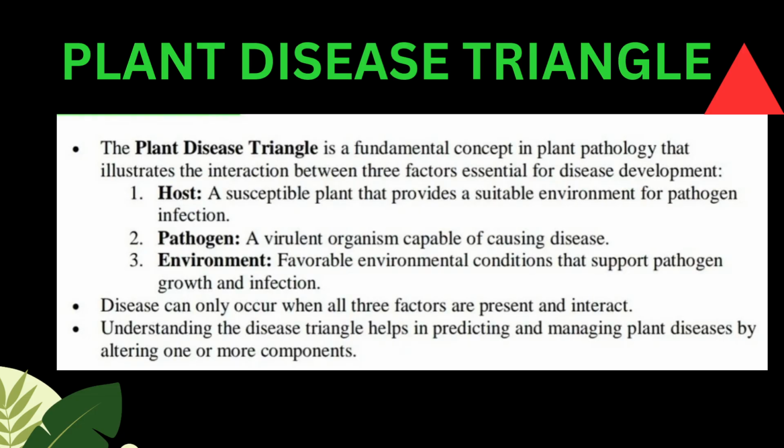So the host, the plant, should be a susceptible plant. What do you mean by susceptible? Susceptible means the plant can get infected by viruses, bacteria, or any of these. The opposite word to susceptible is resistant.